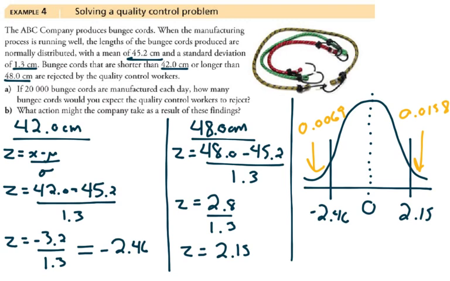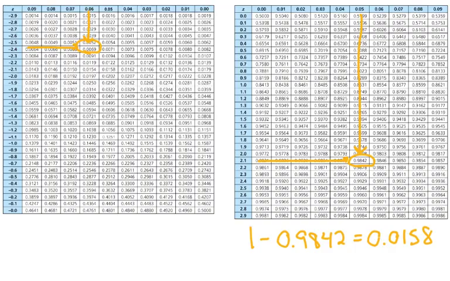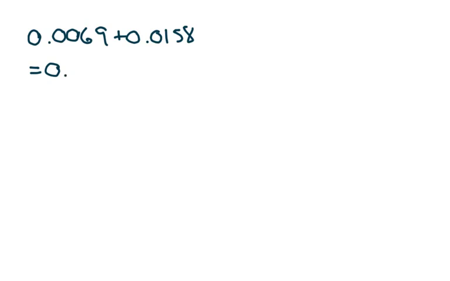So we're going to reject both of those. We can combine them together. Means 0.0227 or 2.27% of the bungee cords get rejected.